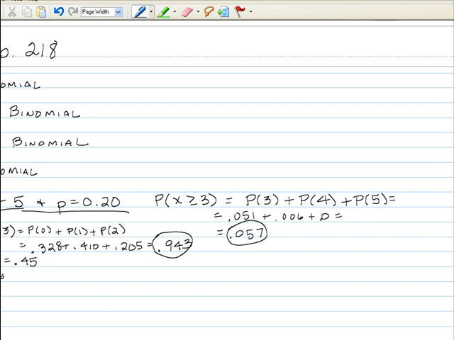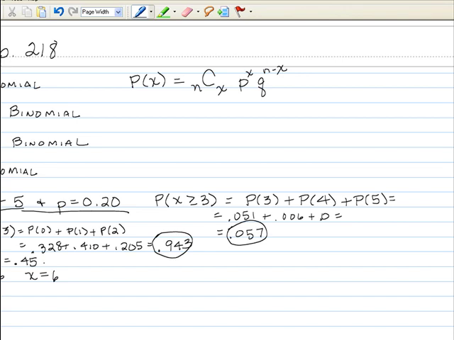So we're to use the formula: combinations of N objects taken X at a time, P to the X, Q to the N minus X. Our N is 16, our X is 6, and our probability is P, which means Q is 0.55.